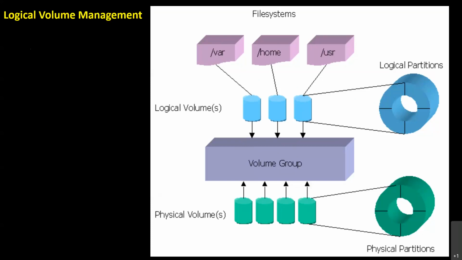Then in that volume group we will create logical partitions, and each logical partition we can assign and mount to /var, /home, /usr or whatever partition we require. So here we can see physical volume, volume group and logical volume, and a logical volume is nothing but a logical partition once we mount it.